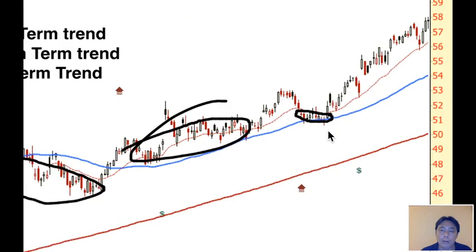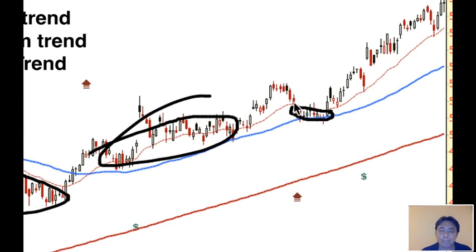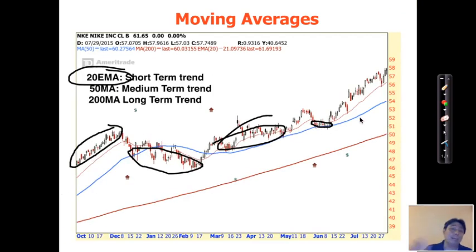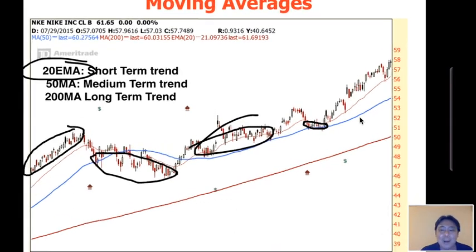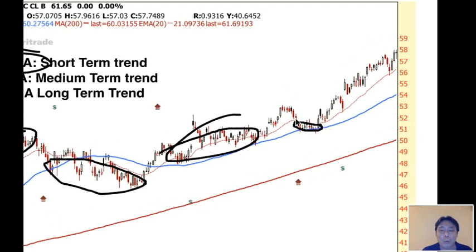Over here you can see that the price was on a short-term downtrend, but still on a medium-term uptrend. Let me repeat that. Over here the price was below the 20 EMA, so the price is on a short-term downtrend, but on a medium-term uptrend. Why? Because the price is still above the 50 MA blue line.